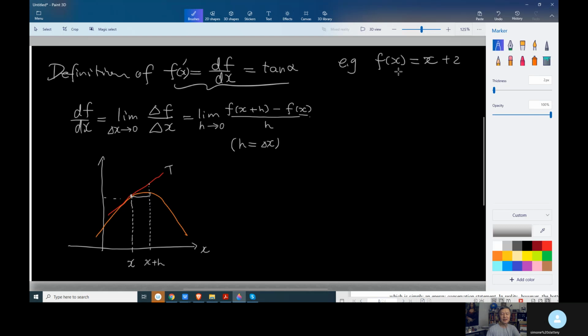Now, whenever you see this function, what do you think? What does this graph look like? Or you can use y equals x if you wish. The same.